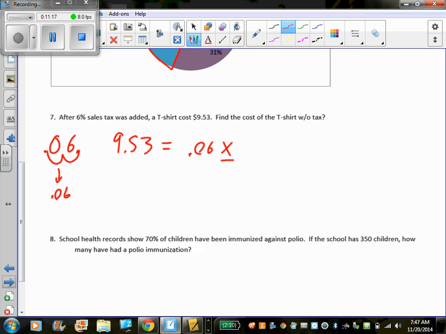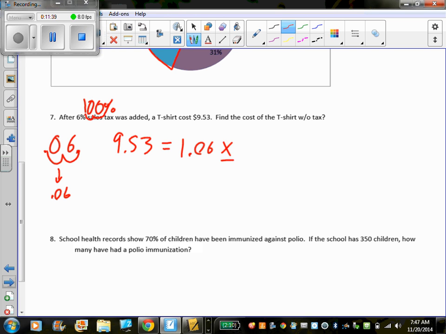Now if you think about it, that 0.06, that 6%, is being added on to the full cost of the shirt. Now what would the full cost of the shirt be? Well, it would be 100% of the cost of the shirt. That's just the shirt's cost. If we turn 100% into a decimal, that gives us 1.